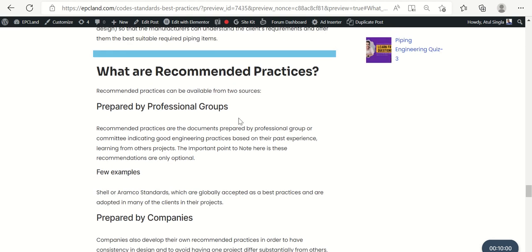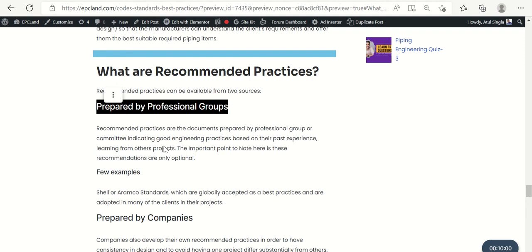Now let us see what kind of recommended practices are very useful and available in the process industry. Recommended practices can be available from two sources. First of all, there are two sources from where we can get these recommended practices. First, these practices may be prepared by some professional groups, right?